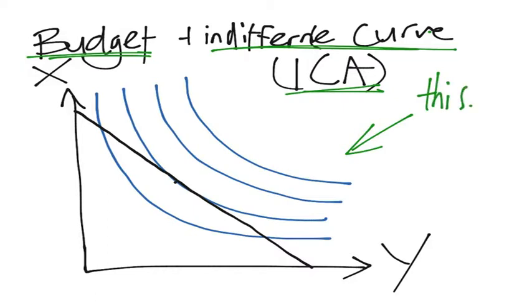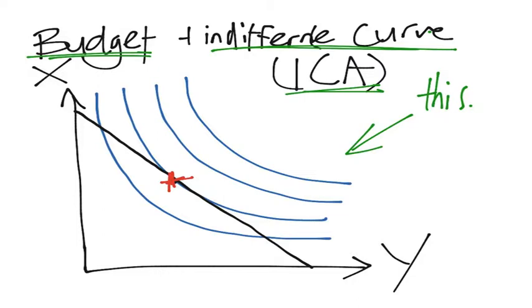So, using your common sense or your logic, before you know any theory, where is the point where the consumer maximizes its satisfaction based on what we've learned before? Pause the video and think of it. And if you're done, just resume the video. Okay? So it's quite obvious that the point where the consumer maximizes its satisfaction is at this point, right?